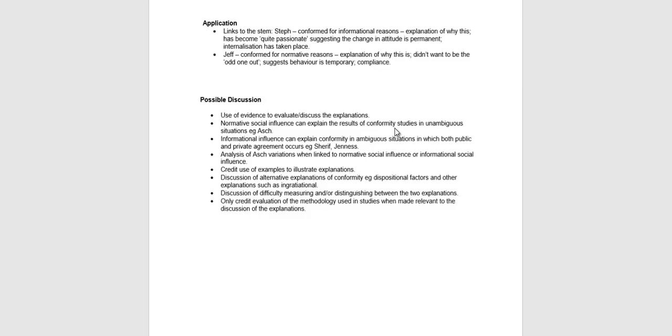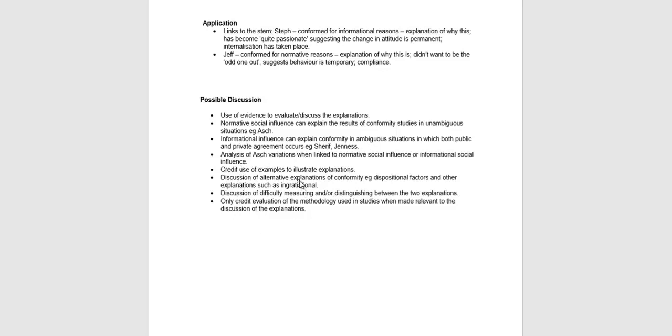In other words, it was very clear what the correct answer should have been. Informational, you could refer to Sheriff and Janice. Sheriff, the autokinetic effect. Janice with the jelly beans, number of jelly beans in a jar. Again, just tiny bit of information, but showing that this was an ambiguous situation. People weren't expected to know that, but they thought other people knew.